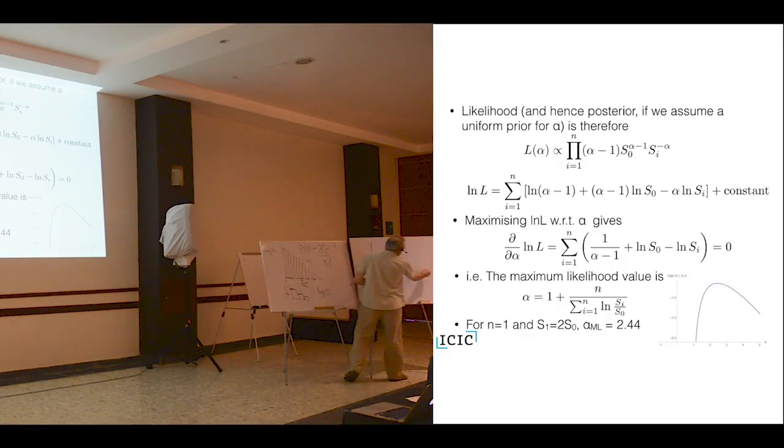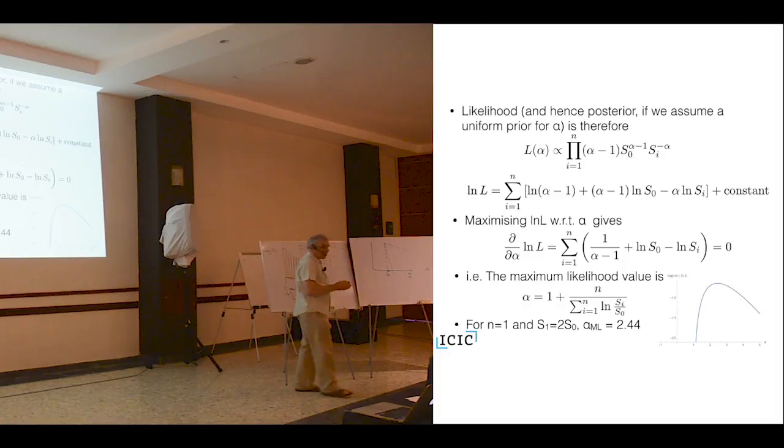But if the value of S that we had was much bigger than S0, then the likelihood is that the slope of the number counts has to be flat. So it's the fact that we know about S0 as well as the flux of the source that we observe that allows us to say something about how steep the number counts are. Okay, is that clear?